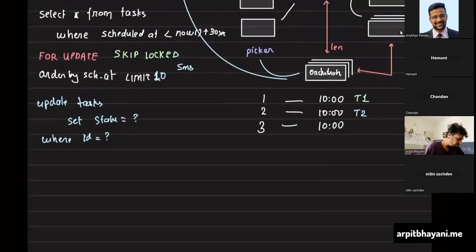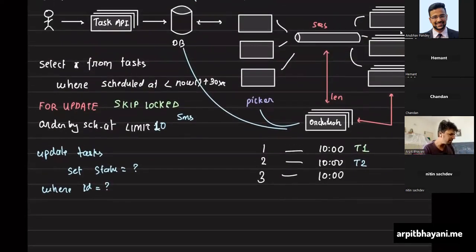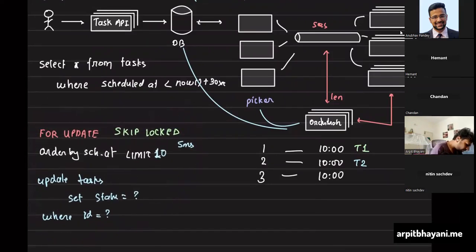Right? So few things that would change in this query is your picker. When it picks up, it fires select star from task where schedule that is less than now plus 30 seconds, for update skip locked, order by schedule that. And you need to pick up tasks that are not picked up, so pick that is null.